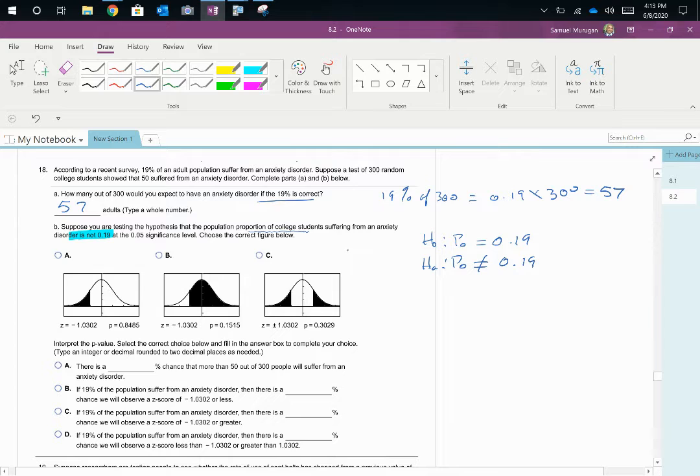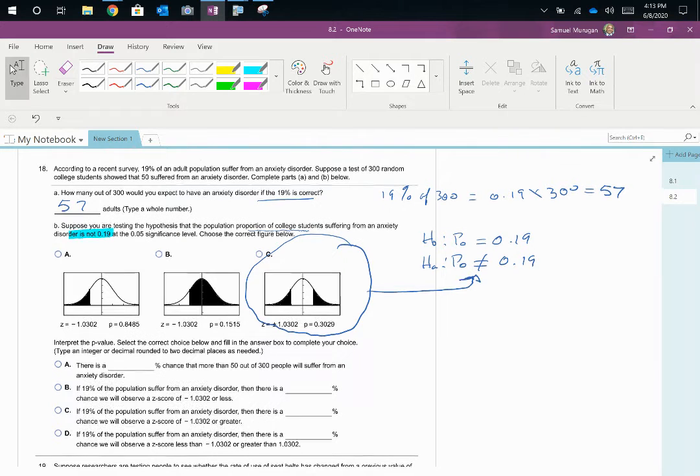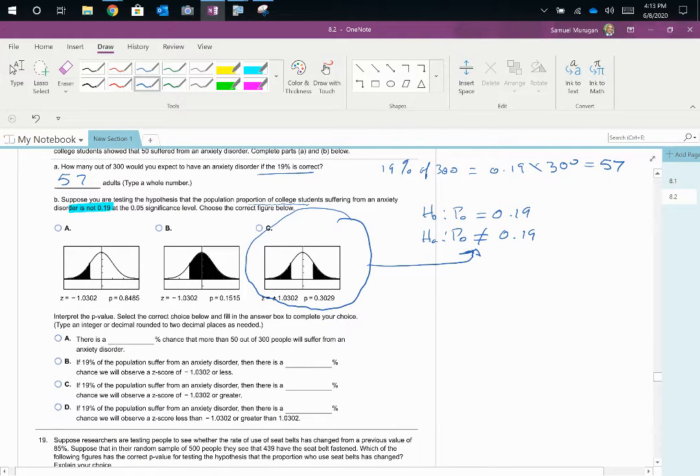Because it's not equal, it's going to be a two-tailed probability. Let us interpret the p-value. So we can see that the p-value here is 0.3029, right?